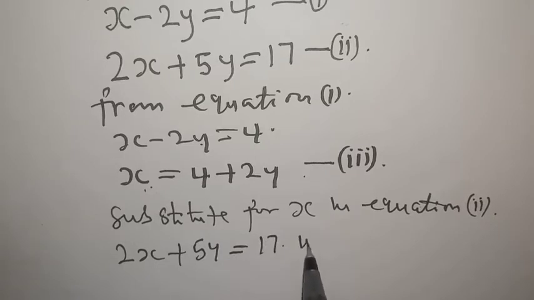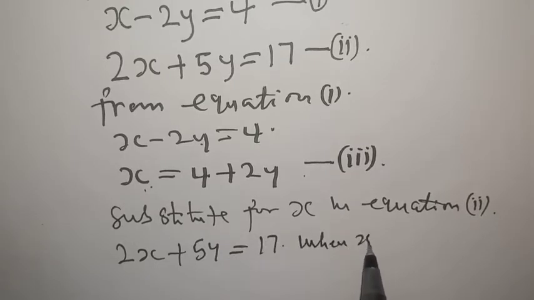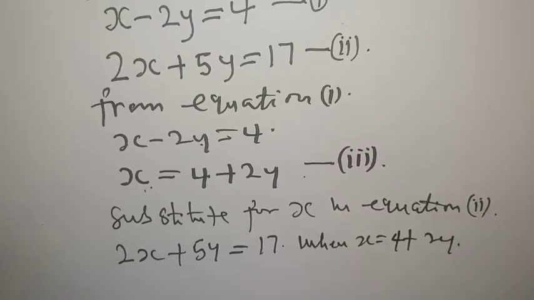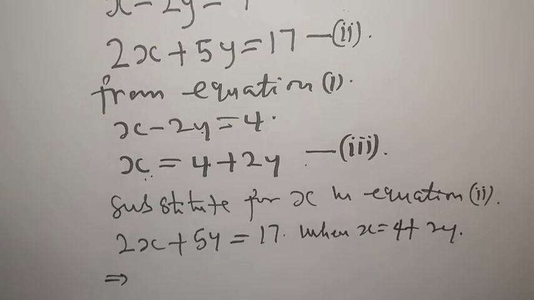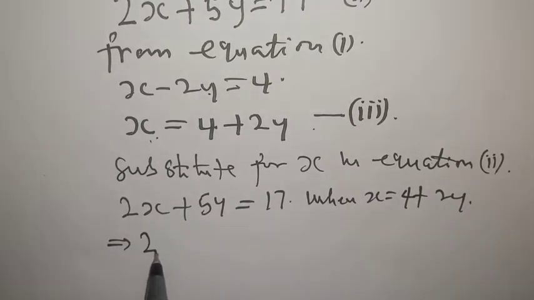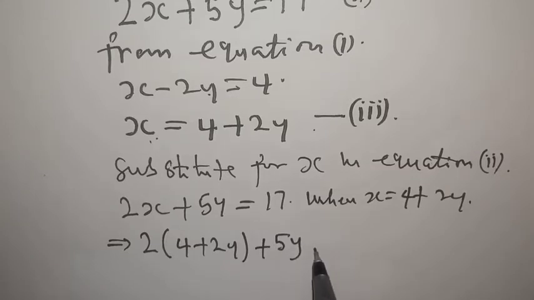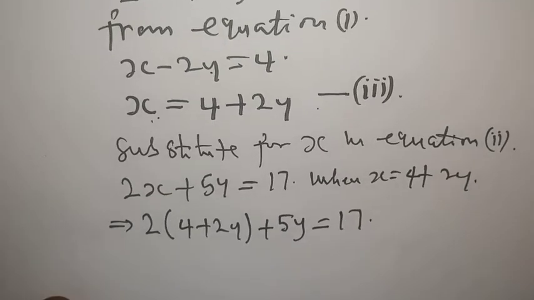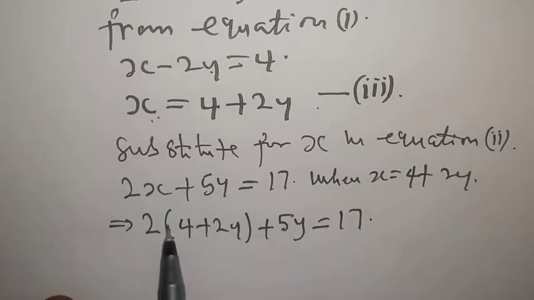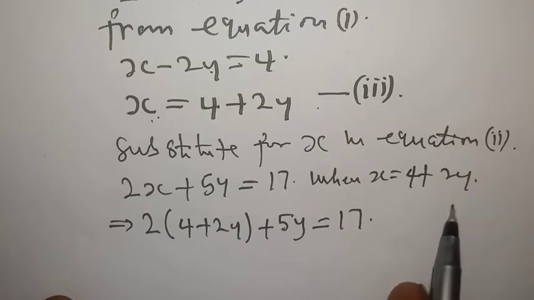Then when x is equal to 4 plus 2y, this implies that we have 2 into (4 plus 2y) plus 5y is equal to 17. Can you see? It's very simple. You substitute for x. Anywhere you see x, just put 4 plus 2y there. Then let's open the bracket now.